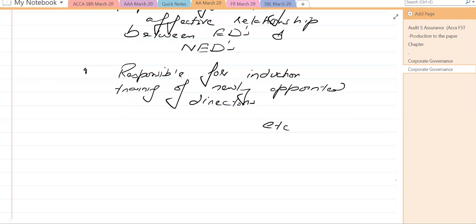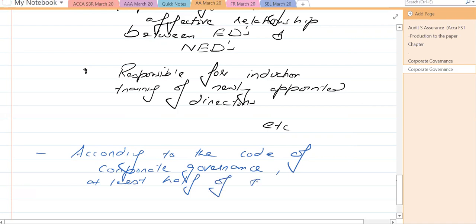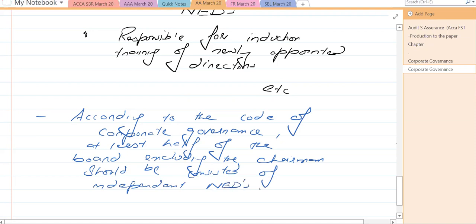Now, one more thing which is very important. According to the Code of Corporate Governance, at least half of the board, excluding the chairman, should consist of independent non-executive directors.